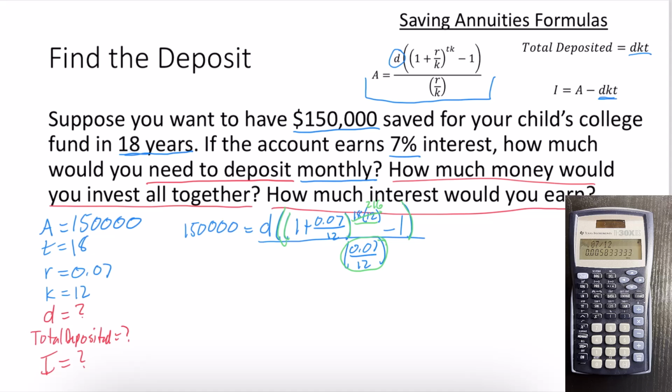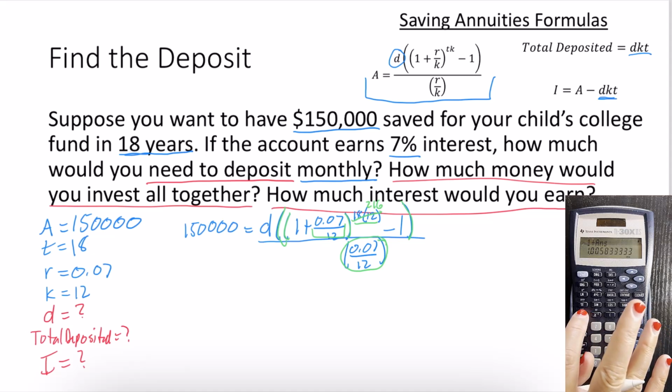So I'm going to use the parenthesis feature of my calculator later so that I don't have to type that out. So what I've done so far is this calculation right here, and now I need to do 1 plus that. So I'm going to go 1 plus my answer. That gives me that decimal, and that's what I'm going to raise to an exponent of 216.